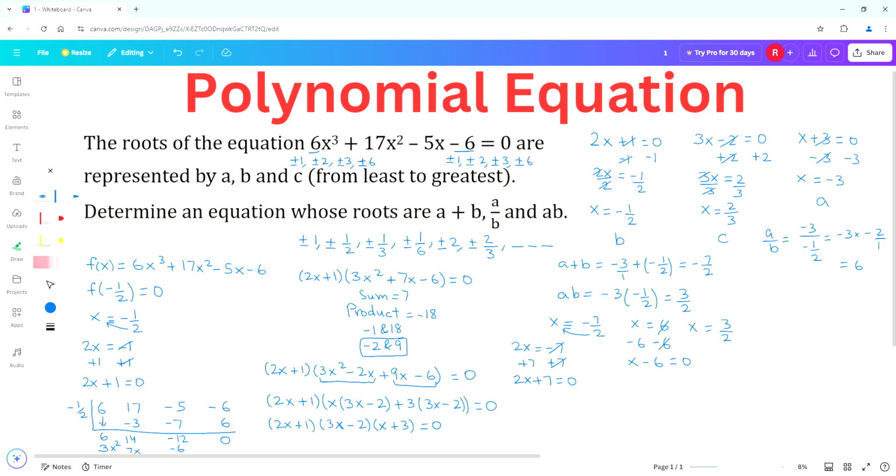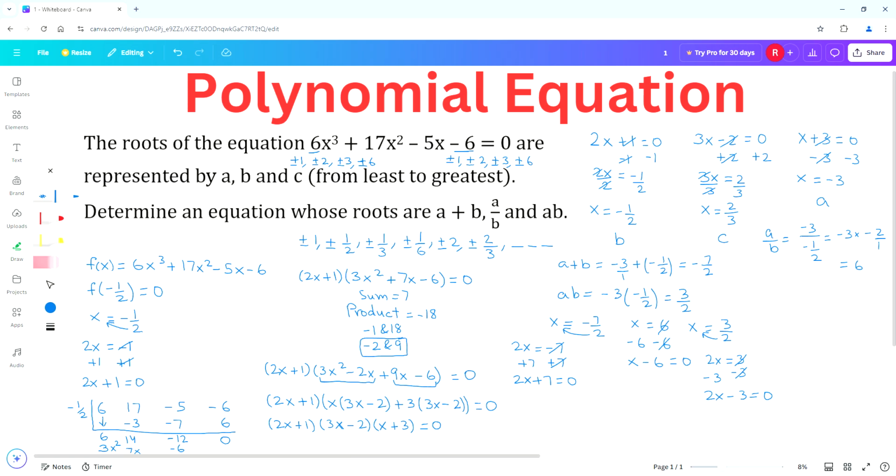We can cross multiply the 2 to the left side. So these are the three binomial factors for the equation.